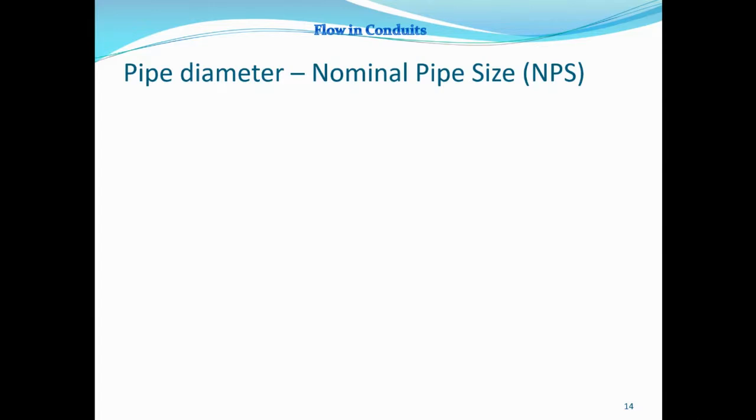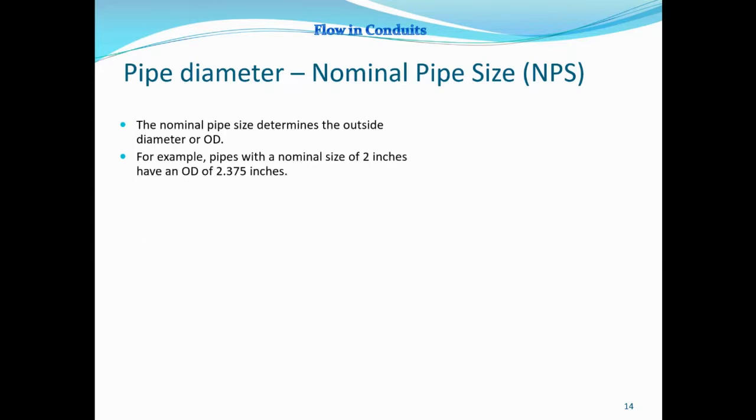Now we are talking about pipe. Let's briefly talk about the pipe diameter, or something called the nominal pipe size, NPS. The nominal pipe size determines the outside diameter, or OD. OD is outside diameter or outer diameter of the pipe. So for example, pipes with a nominal size of 2 inches have an outside diameter of 2.375 inches, meaning the thickness of the pipe is 2.375 minus 2, which is 0.375 inches.